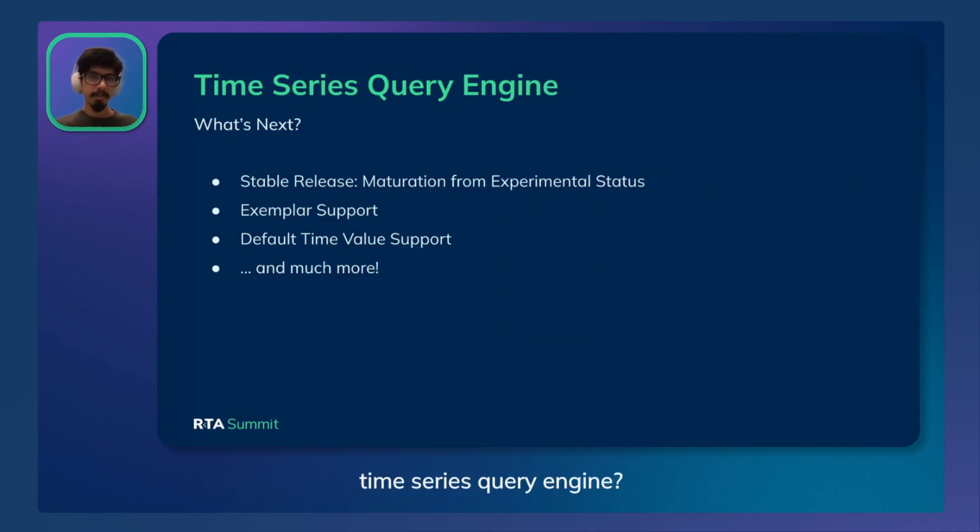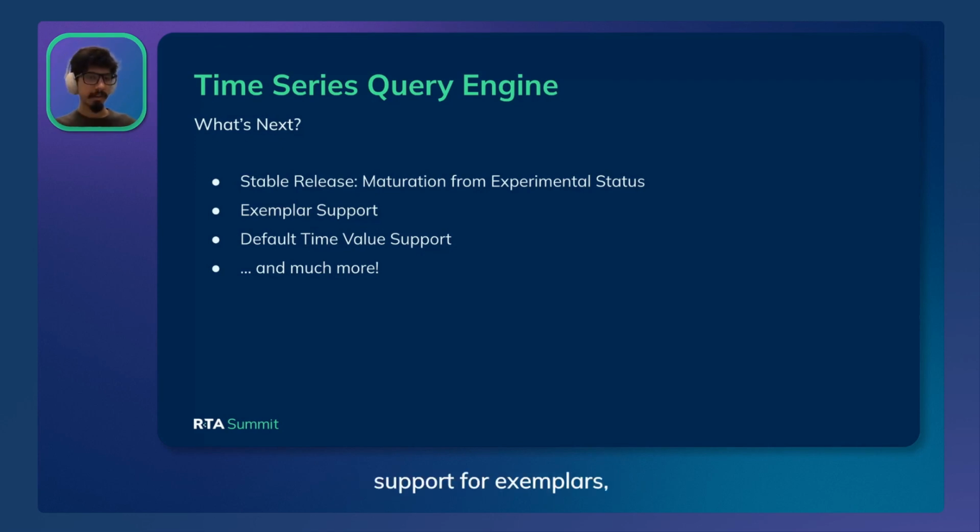And what's next for the time series query engine? I'm just talking about the time series query engine here. We are working on a stable release. Right now, we have still marked this as experimental. We have onboarded a bunch of alerts already at Uber. We have around 100,000 to 200,000 alerts running on this already. But to graduate from experimental to a matured state, we still need to make some changes, and we'll be making them over the next few months.